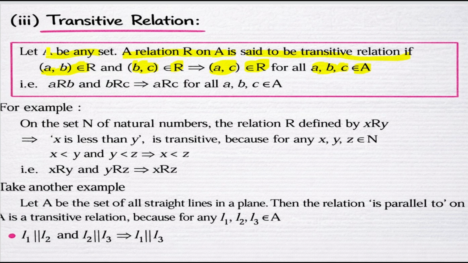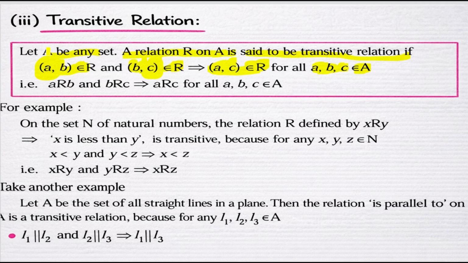Okay, look here: (a, b) belongs to R and (b, c) belongs to R, then (a, c) must belong to R, then only the relation is a transitive relation.